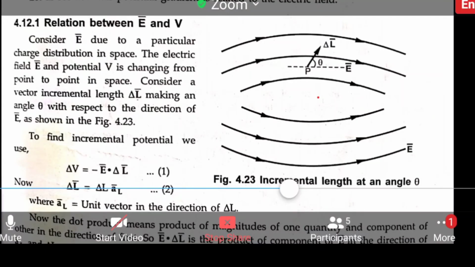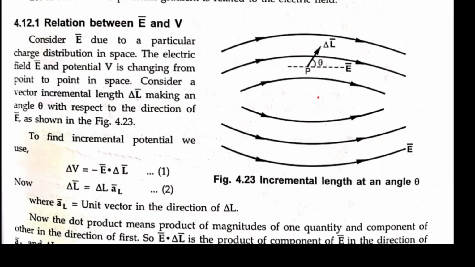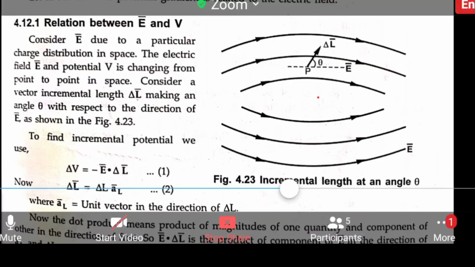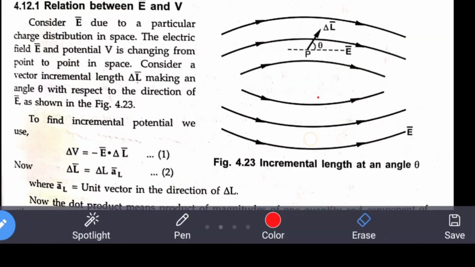To find the relation between E and V, consider E bar due to a particular charge distribution in space. The electric field E bar and potential V change from point to point in free space. Assume a charge is there.